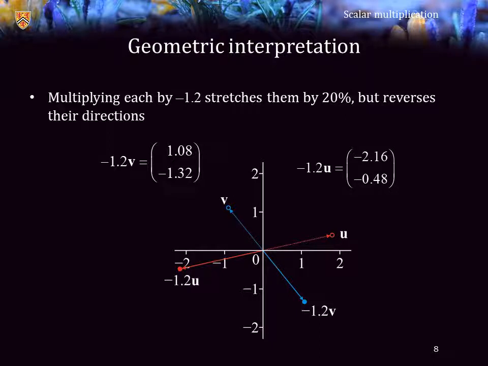Similarly, if you were to multiply both u and v by -1.2, this would make them 20% longer, but now they are stretched in the other direction. So u is in the first quadrant, -1.2u is now in the third quadrant. v is in the second quadrant, -1.2v is now in the fourth quadrant.